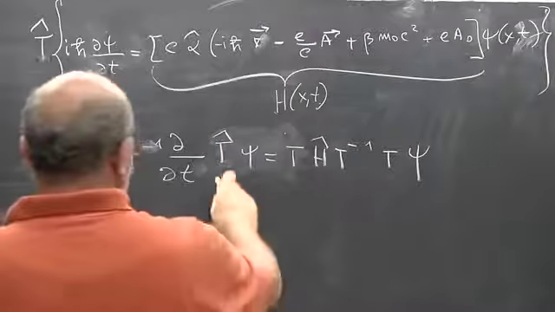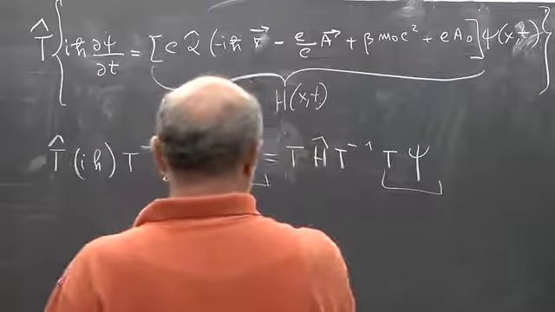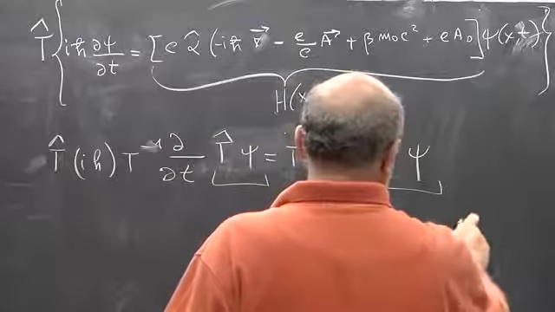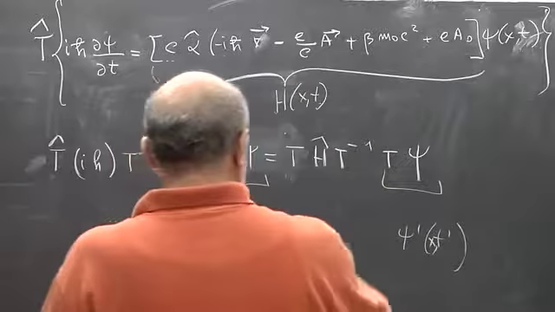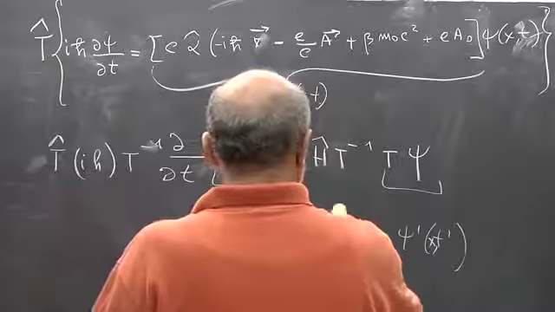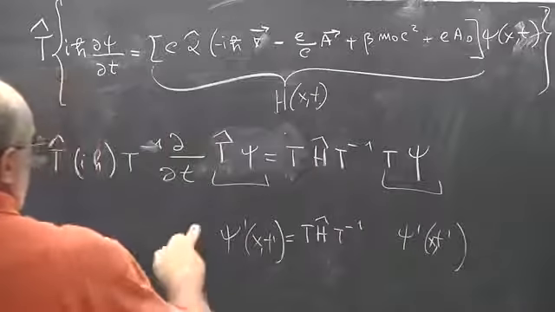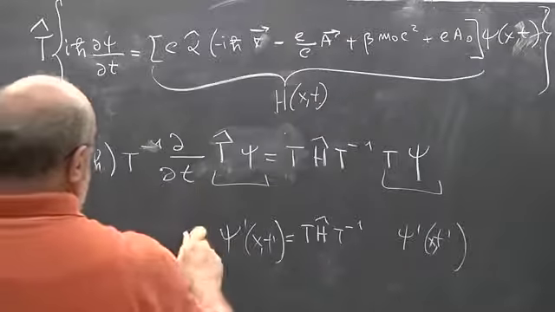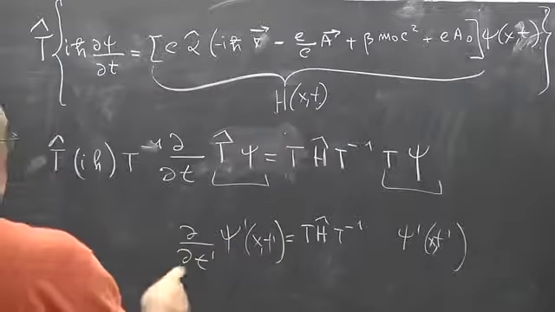Now, this object and this object, we know what they are. They are psi prime x t prime, psi prime t prime x t prime equal T H T to the minus 1. Now, as this is this object, let's say this one is t prime, that is minus t.